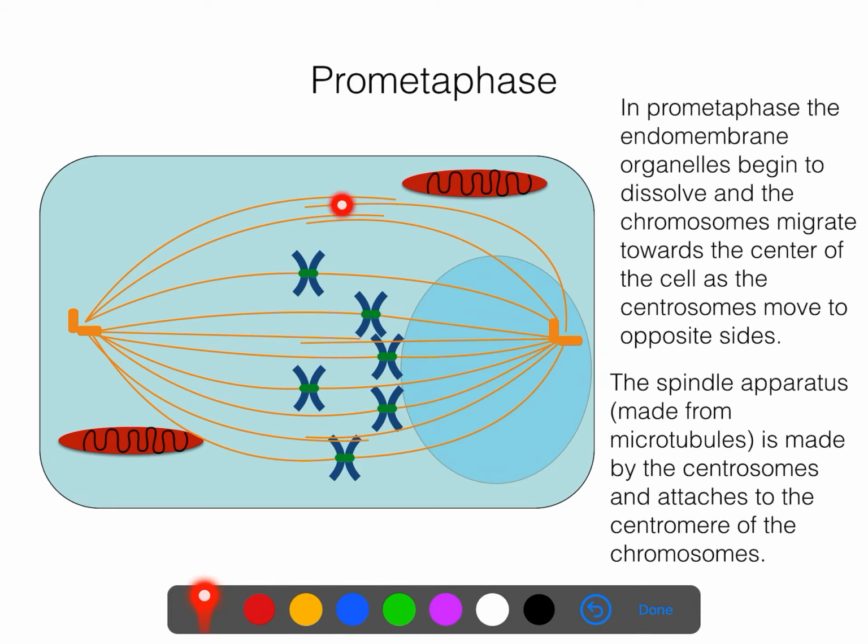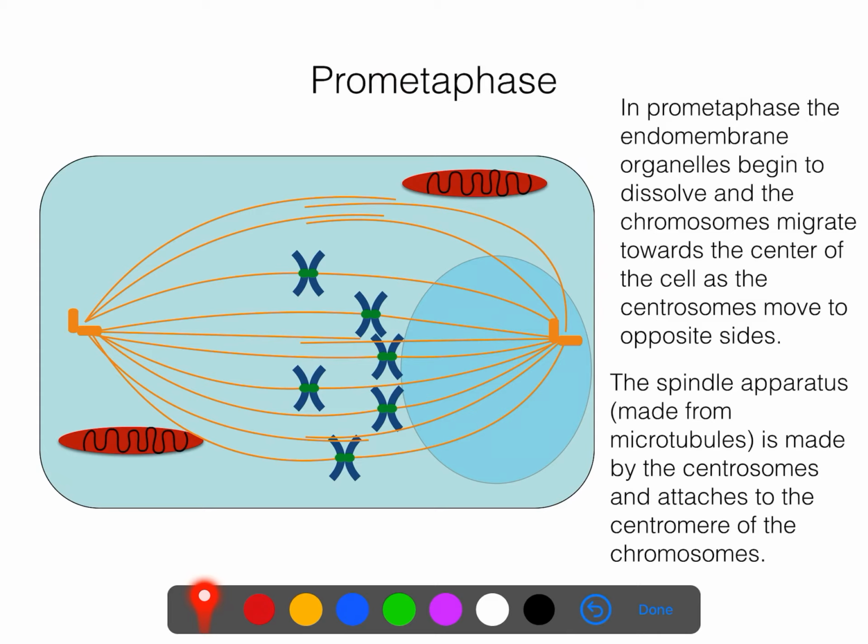That's these tubes coming off of it. These are microtubules, and many of them are going to attach to the centromeres of these chromosomes. They're like little Spider-Man ropes that shoot out and grab hold of the centromeres.